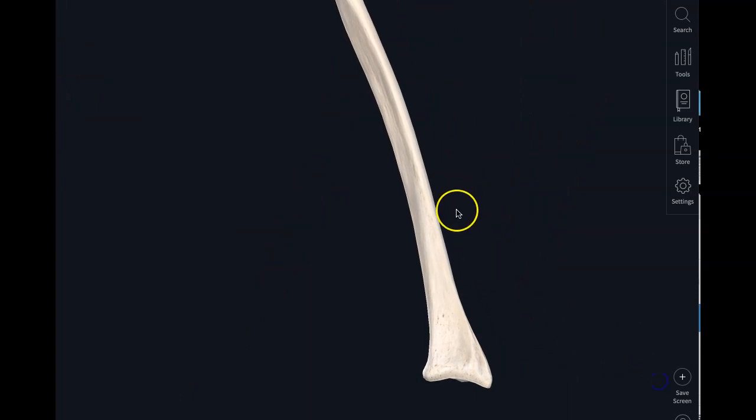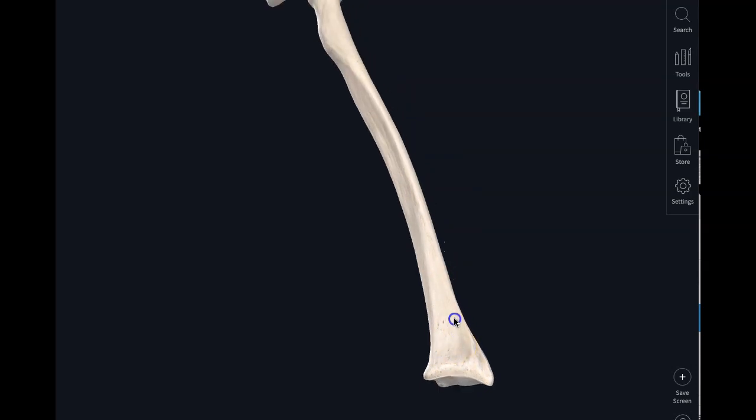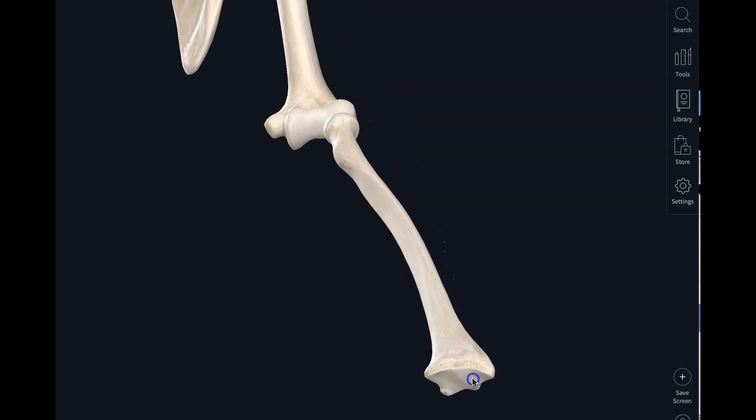And I think we about covered everything on the radius. The radius, your most lateral forearm bone. I'm going to show you something under here.